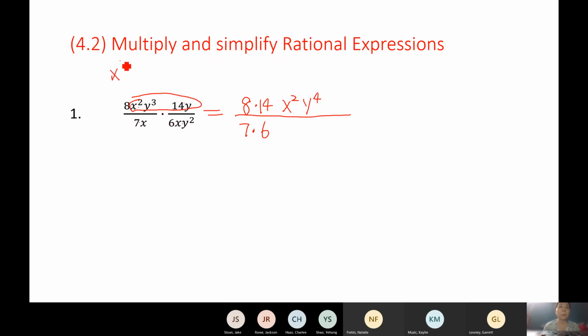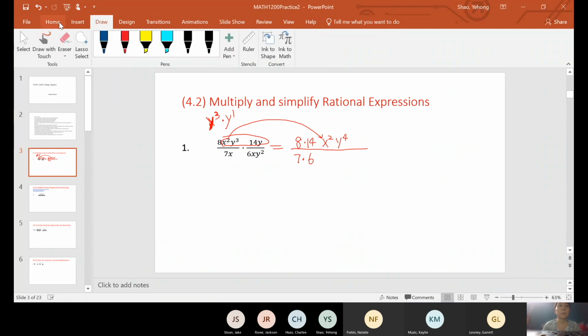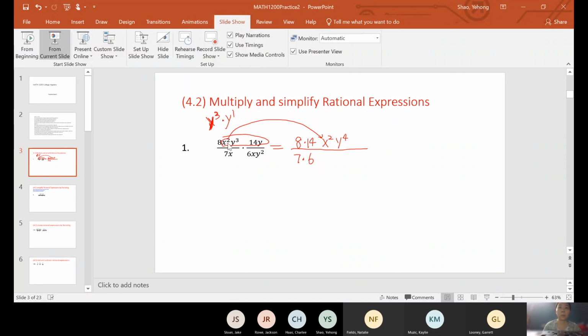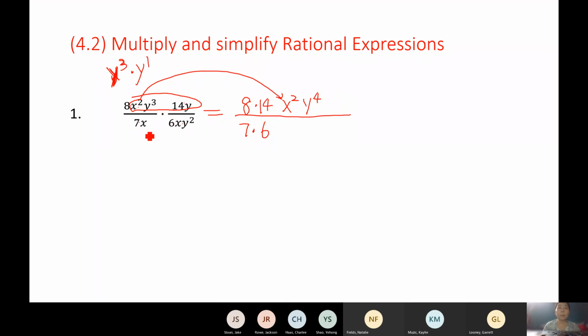We know x squared is just by itself, and y to the 3rd times y is going to give you y to the 4th. And on the bottom, we have x times x, which is x squared, and y squared.